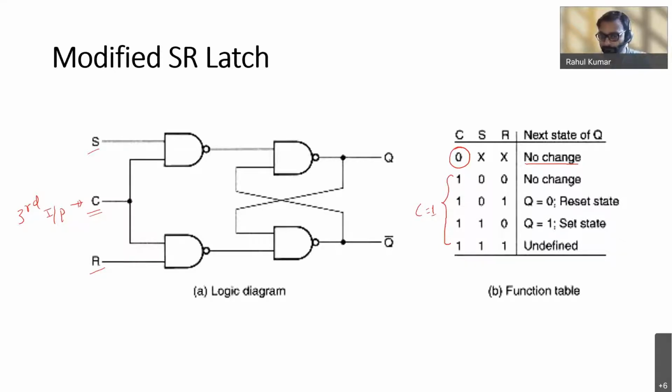Okay. So when your C input is 1 and your S input is 0, the first case, and your R input is also 0, you can see this is the memory mode.